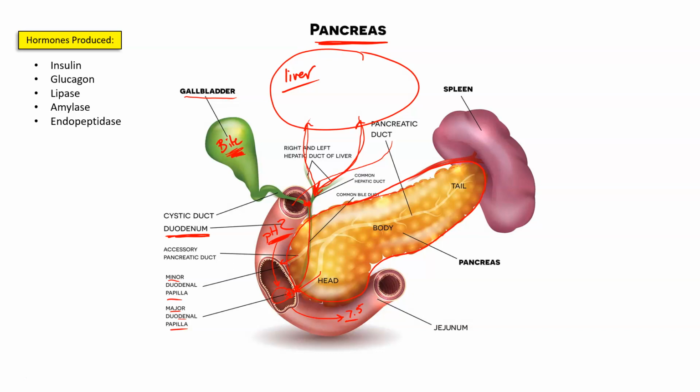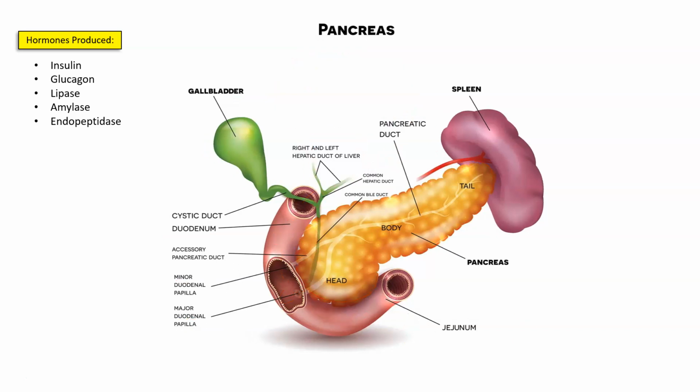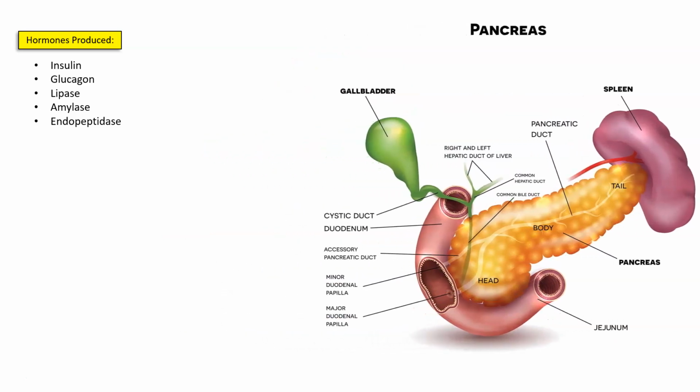throughout the entirety of the duodenum. So, insulin and glucagon, like I said, both play a role in glucose metabolism. Obviously, insulin is a hormone that is released by the pancreas that causes blood sugar to be absorbed by the liver and stored as glycogen.